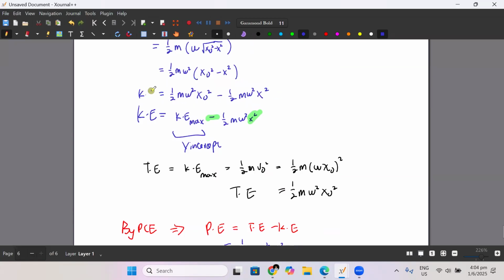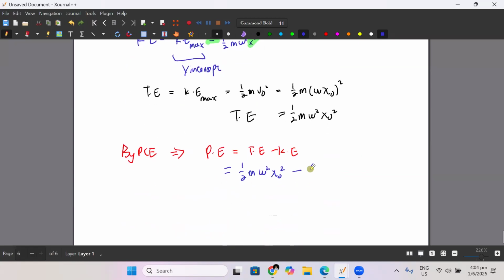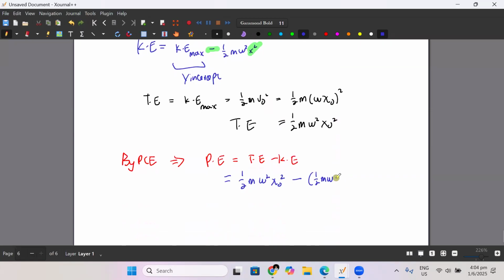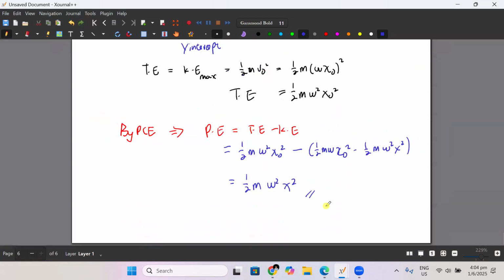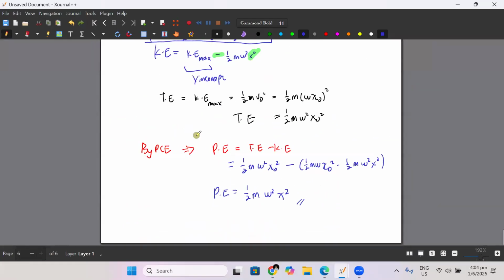Because this is KE. So minus half m omega square x square. Okay, you expand this out, right? You'll get this. That is PE.